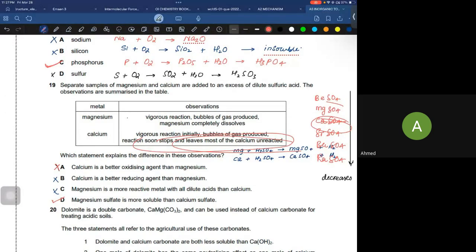Organic was very easy; in that you only have to think about the reagent and conditions. But here you will see in a lot of questions observations, physical state, pH of the acid, pH of the base, solubility of each and everything. So you have to look at these things. So for question number 19, option D is correct.